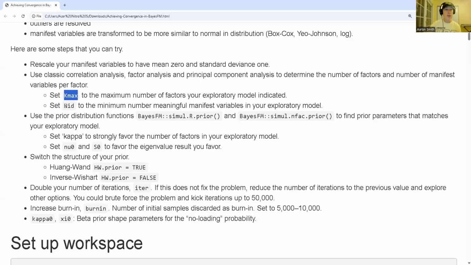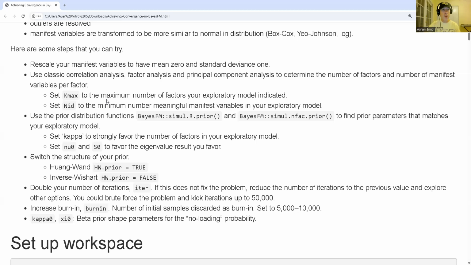Now, NID is the minimum number of meaningful manifest variables for each factor. And so I'm saying each factor has to have at least this many variables going into it. And I'll judge that by using the frequentist approach exploratory model.